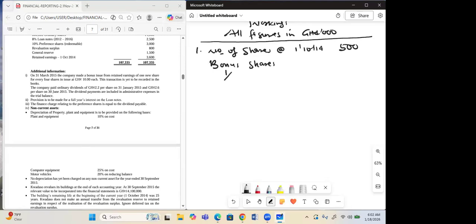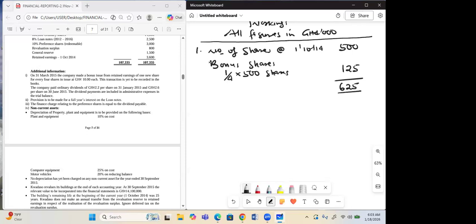So 1 for every 4 of the 500 shares. And that gives you how many shares? 125. When you add it to it, then the total number of shares now will be 625, right? Yes, sir.